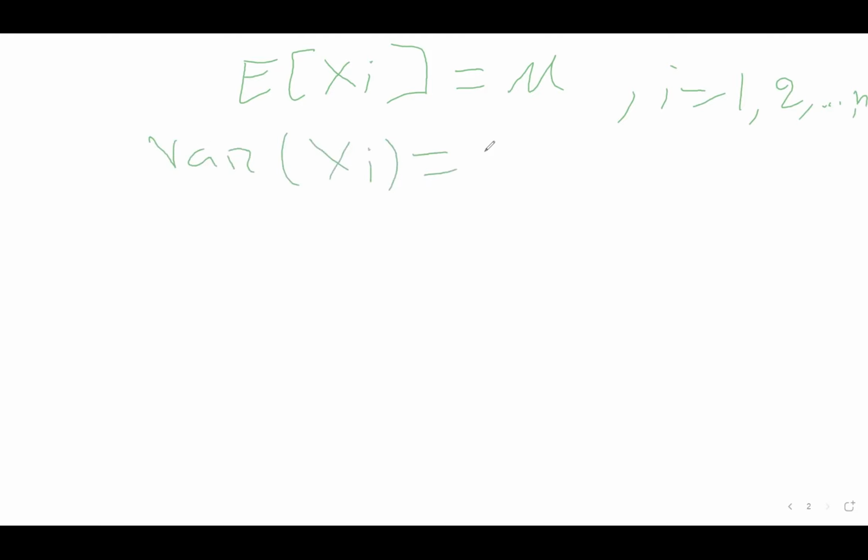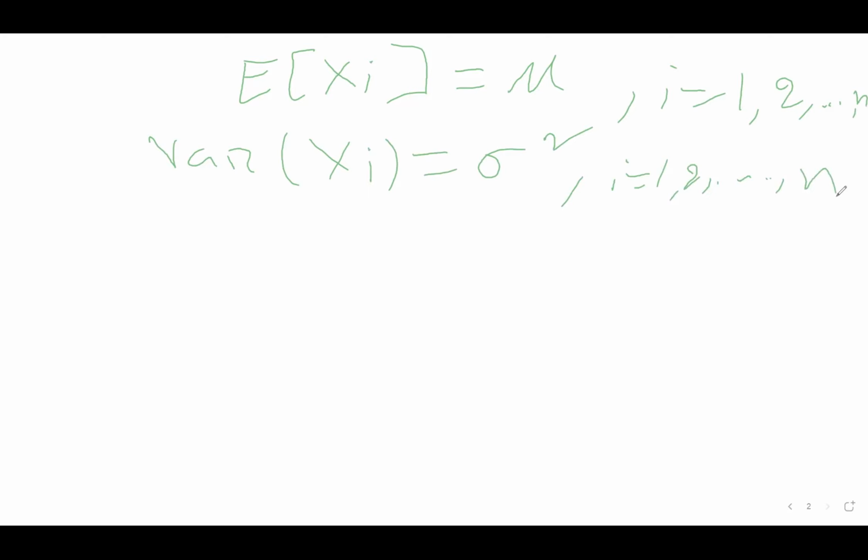For example, the expected value of xi is mu for i equal to 1 to n, because we know the population mean is denoted by mu. For each one, the mean is mu because they are identically distributed. And we are also considering that the variance of xi is equal to sigma square for i equal to 1 to n.